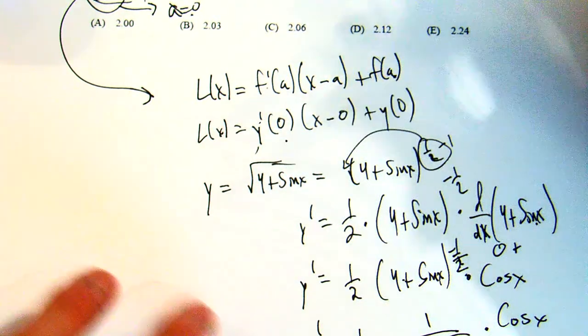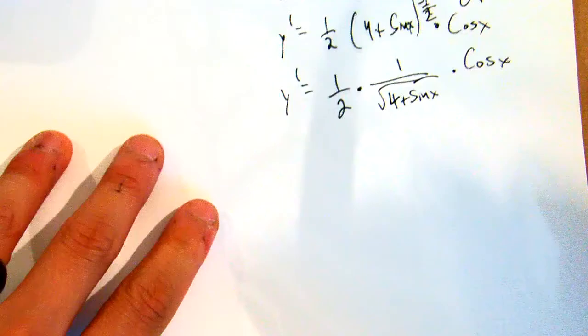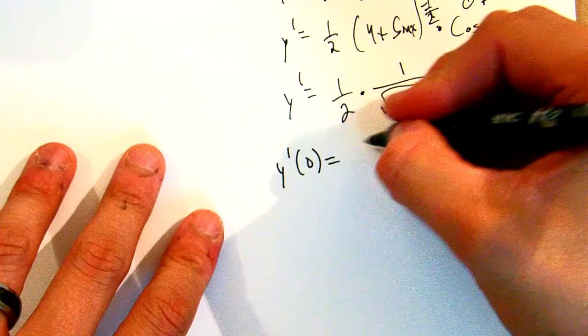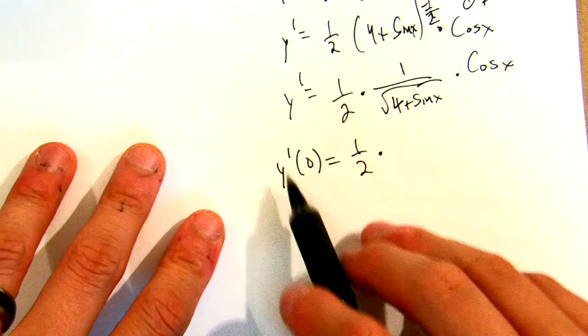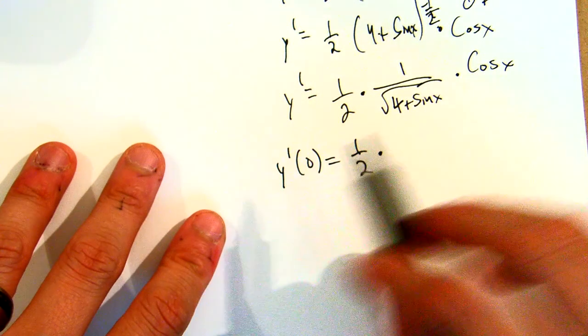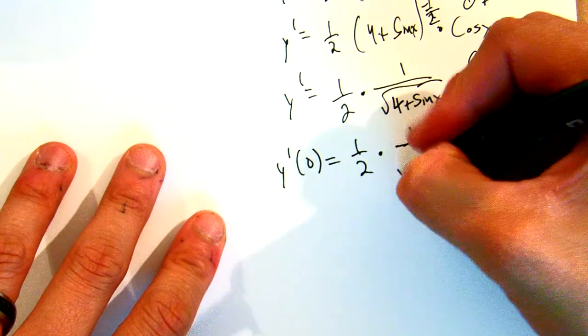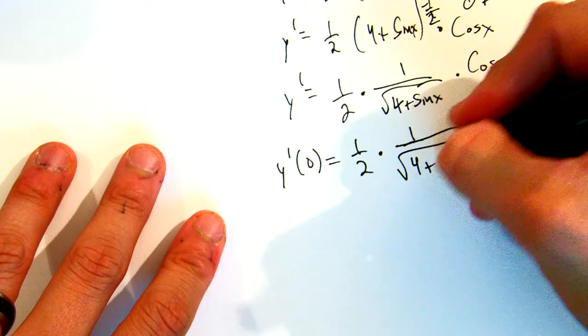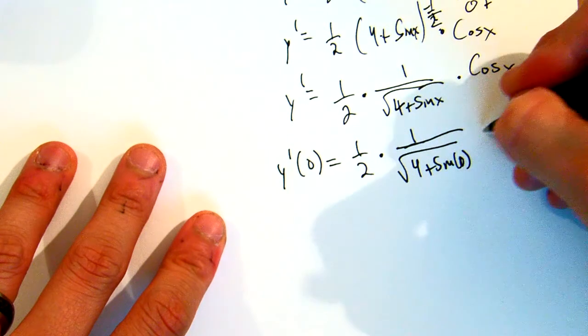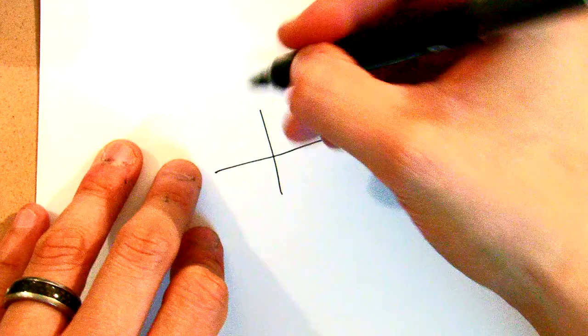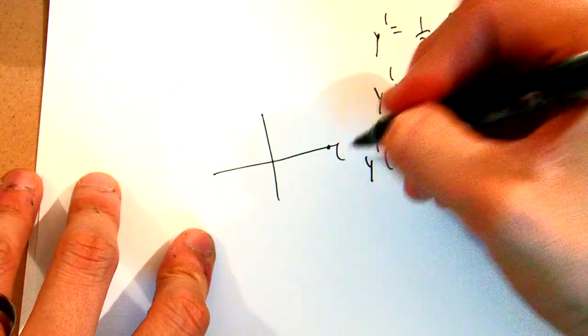0. So now that we have y prime, how do we find y prime of 0? You just plug in 0. This is just like f of x. It's not times 0, it's y prime of 0. So I'm plugging in 0 here. This gives me 1/2 times 1 over the square root of 4 plus sine of 0, times the cosine of 0. Sine of 0, if you remember the unit circle, 0 is here, and this is (1, 0).